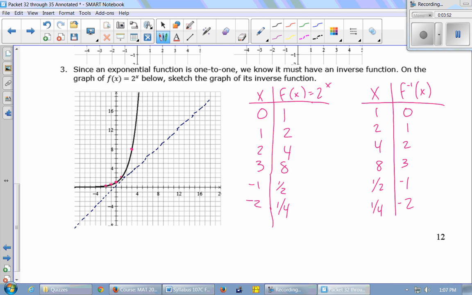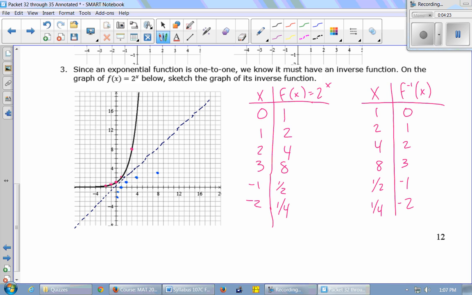And I'll plot those points. 1, 0, 2, 1, 4, 2, 8, 3, and then looks like 1/2, negative 1, and 1/4, negative 2.